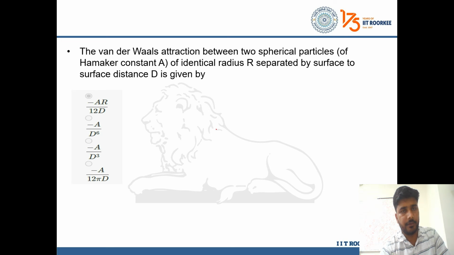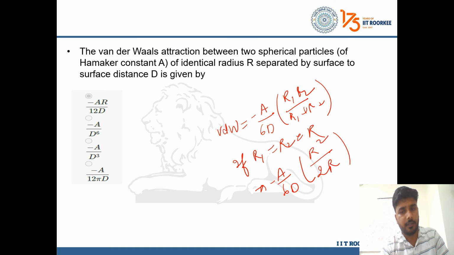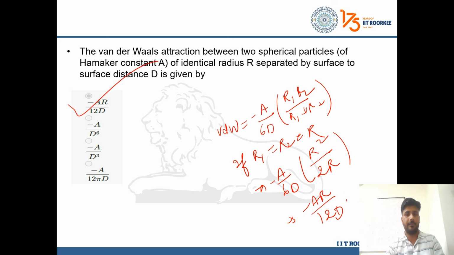If I denote the van der Waals interaction, this is the formula, with R1 R2 over R1 plus R2. Simply put R1 equal to R2 equal to R. This will be R squared, this will be 2R. So you will get minus AR upon 12D. So this will be the right option for this.